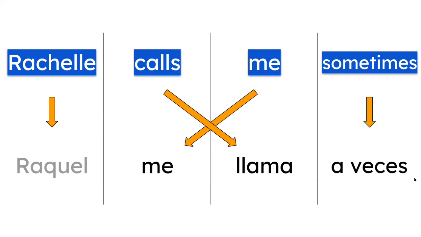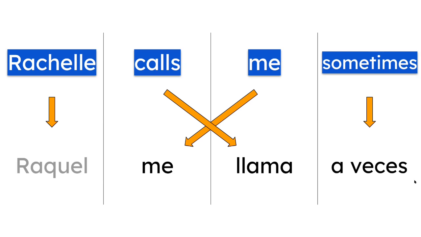So the whole sentence is Raquel me llama a veces. Now try it yourself, please. Very good. That's the way to say it. Okay, now let's move on to the next one.